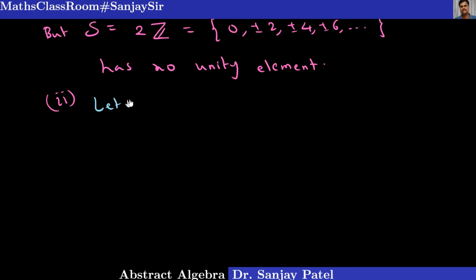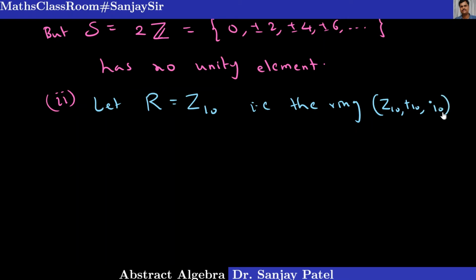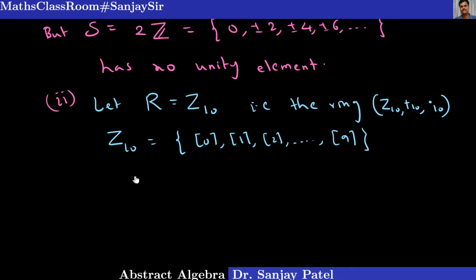Let R be the ring Z10, that is, Z10 with plus 10 and dot 10, the ring of residue classes. You know what is Z10? It contains the residue classes 0, 1, 2, 3 and so on up to class 9. These are the elements. There are 10 elements in Z10.